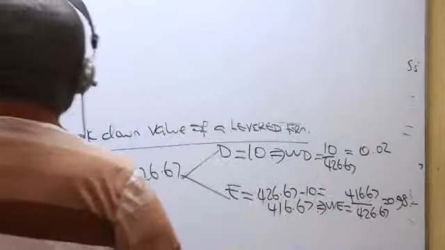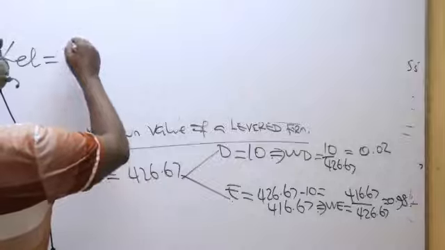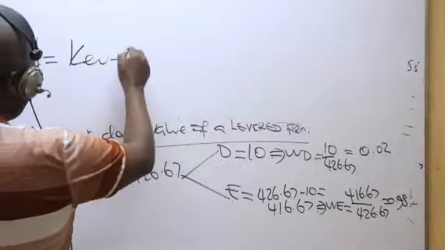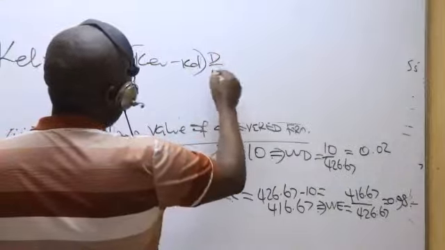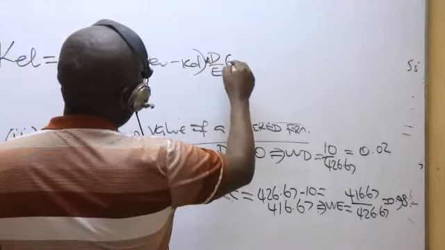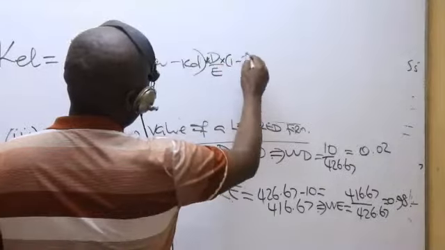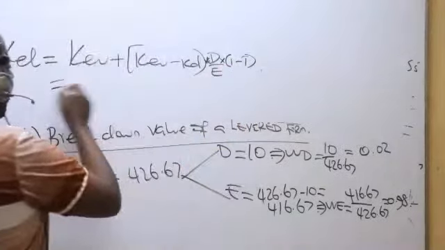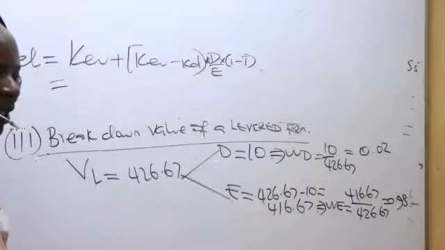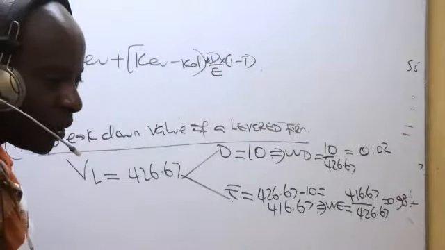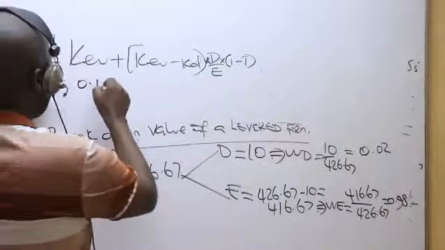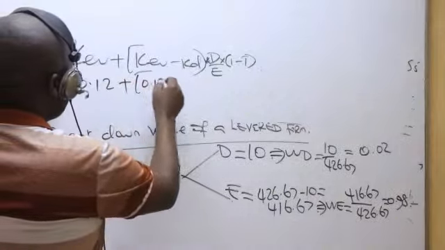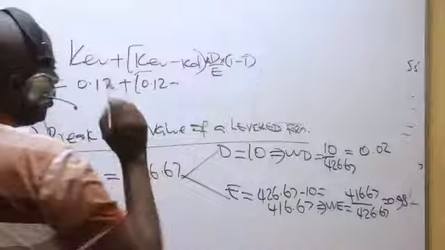So K, we'll talk about that. K is Q plus, we have here Q minus KD into D over E into 1 minus tax. Could you kindly remind me, what is our Q? It was 0.12 plus 0.12. KD, do we know what our KD is?